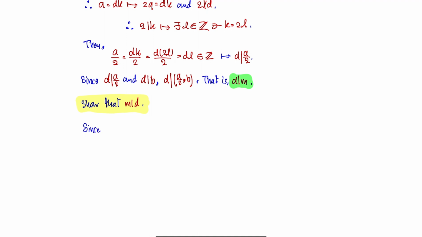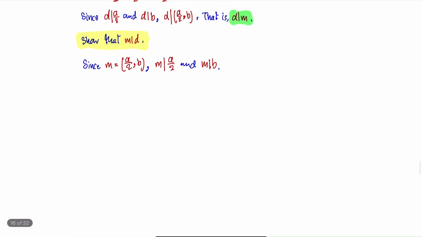Since m equals the greatest common divisor of a over 2 and b, we've got m divides a over 2 and m divides b. So from this, let's focus on m divides a over 2.